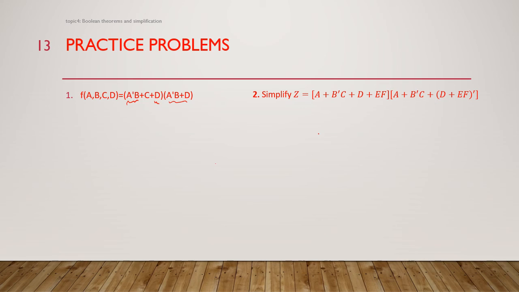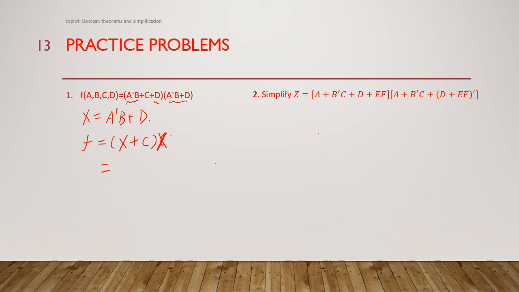So maybe first let's try to define a new variable to replace the common part. If we set x equal to that and put x back into the function, we get the function f actually equal to x or c and x, right?